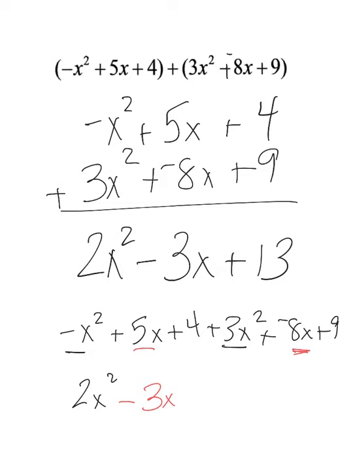Then my last like terms are these two. 9 plus 4, 13. I get the same answer. So it's whichever way you're more comfortable with. It's actually a little bit easier doing vertical, but it takes up more space.